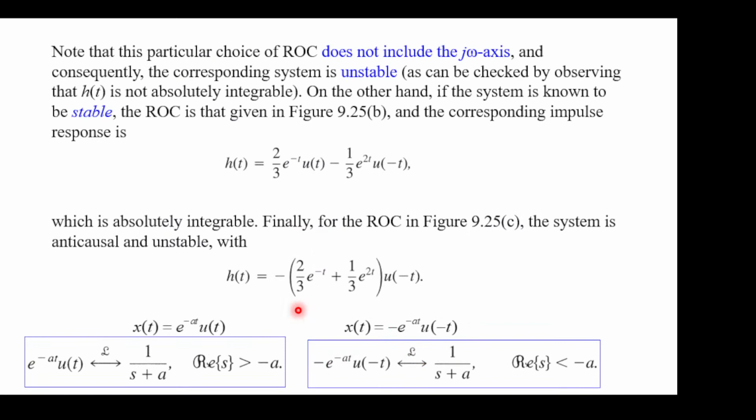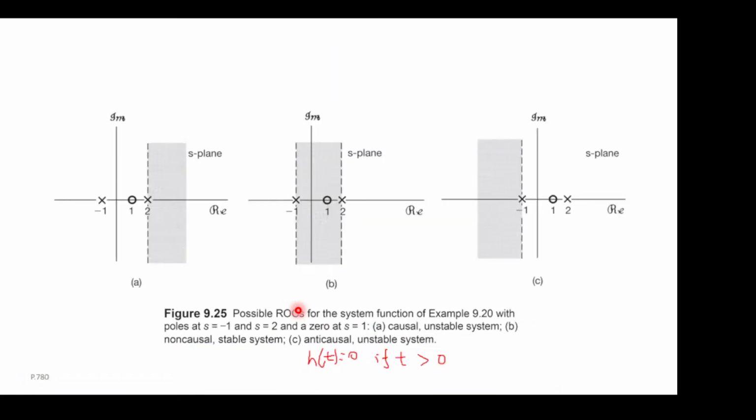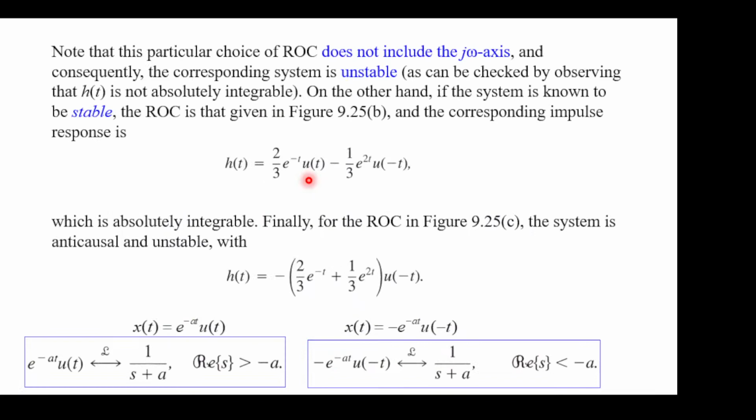And so obviously the next one will ask what if you want to be stable. If you want to be stable, then you also need to include the j omega axis. Then you need to pick the middle part, and then you write out everything.